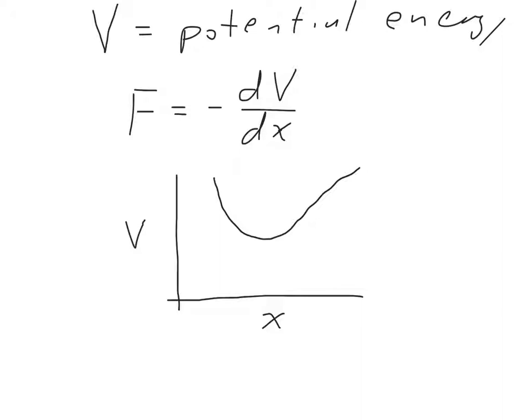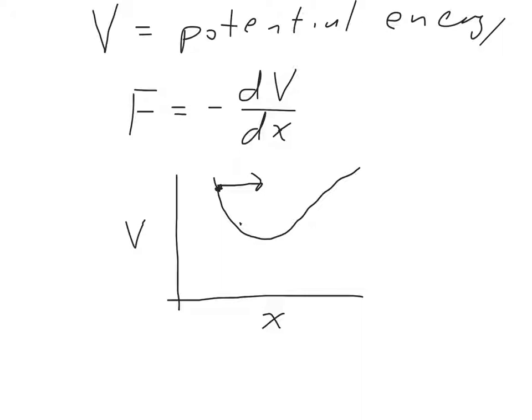Now, the particle at this point experiences a force in this direction proportional to the slope. And that seems kind of reasonable. Just imagine a little ball rolling on a surface, and the ball will tend to roll downhill.